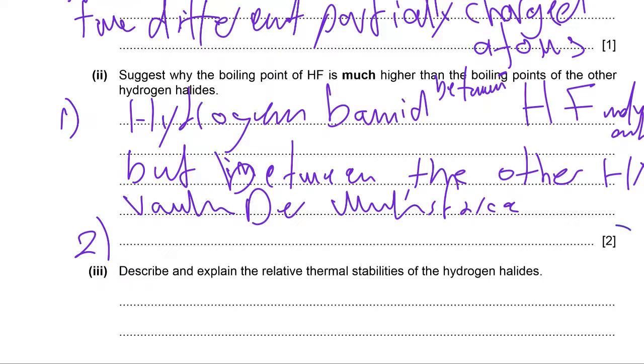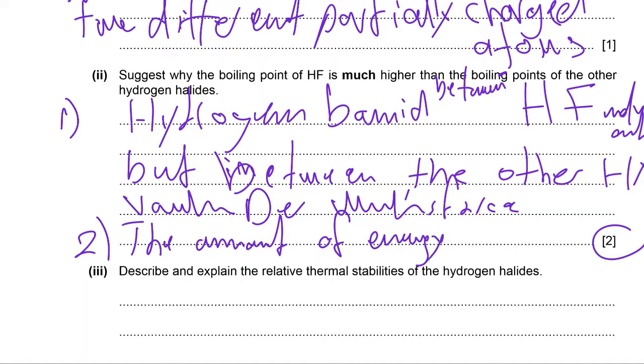The second reason, because here you have two marks: the amount of energy which is required to break the hydrogen bond is more than the amount of energy which is required to break the van der Waals forces between the other HX.